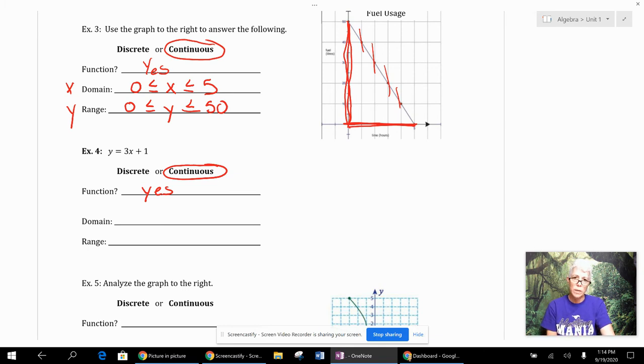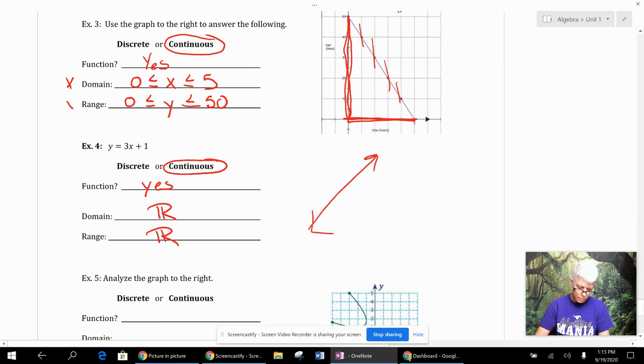We could put any number we wanted in for x, and we would get a y. So both of these are going to end up being all real numbers. It just keeps going and going. If I drew this on a graph, it would be a line with arrows on it.